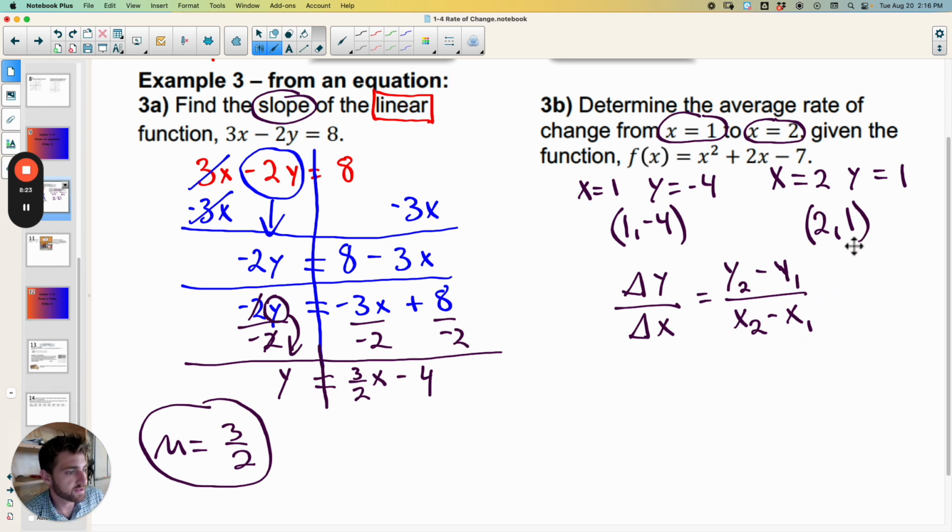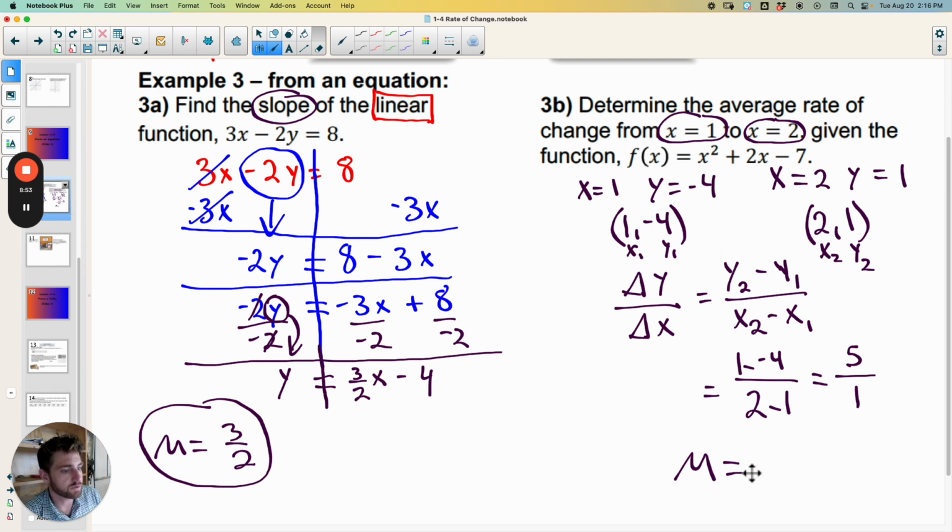We'll call this my x2 and y2, and we'll call this my x1 and y1, and we'll just plug it right in. So 2 minus 1 over 1 minus a negative 4, which is 1 plus 4, or 5. Then 2 minus 1 is 1. So my slope along this interval, my rate of change, is equal to 5.